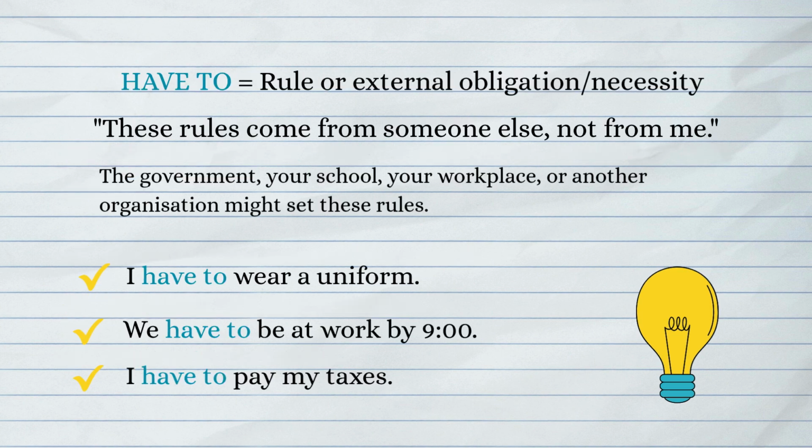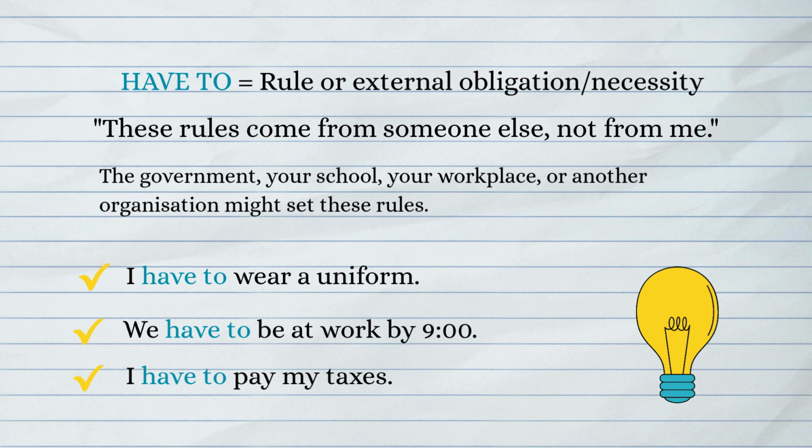Now, let's look at have to. We use have to when we talk about rules, laws, or obligations that come from outside us. In other words, someone else decides the rule, not you. These rules might be set by the government, your school, your workplace, or another organization. They are rules that we are expected to follow or obey.